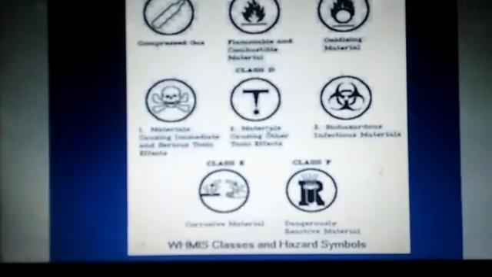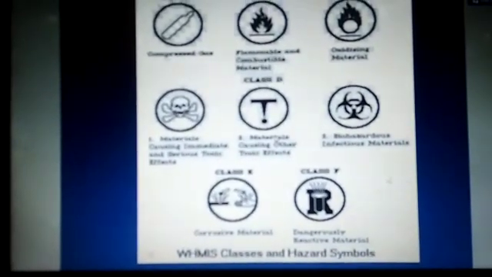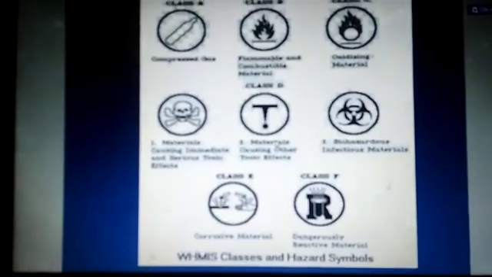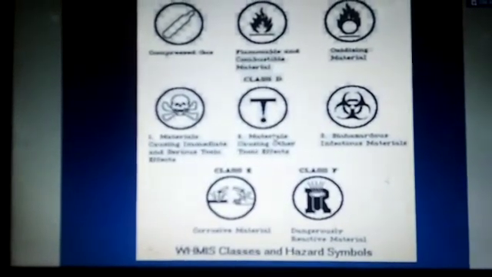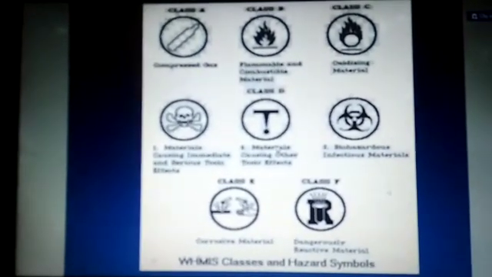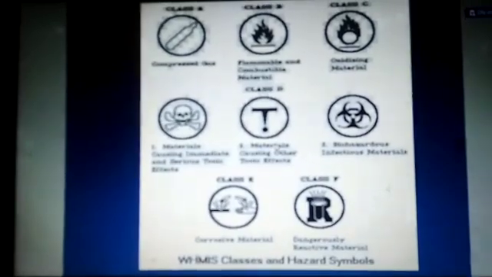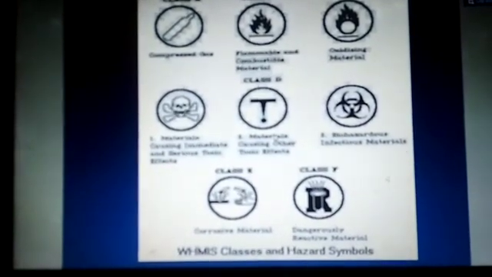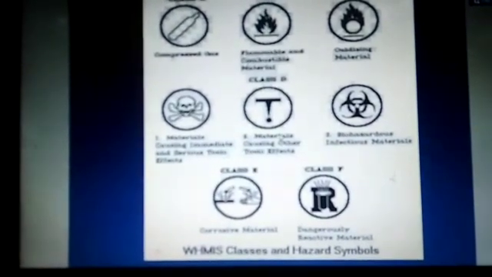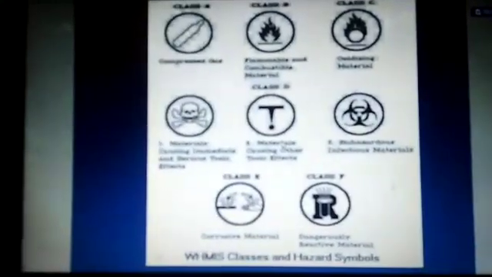Class E, corrosive materials. Whatever corrosive materials there are come under this class. Class F, dangerously reactive material. These dangerously reactive materials come finally under class F. So these are the WHMIS classes and hazard symbols.